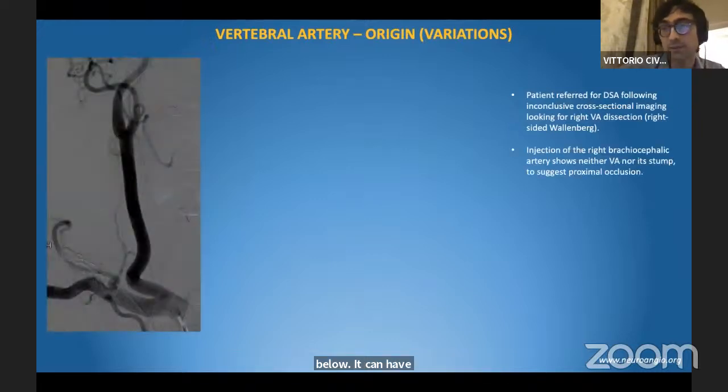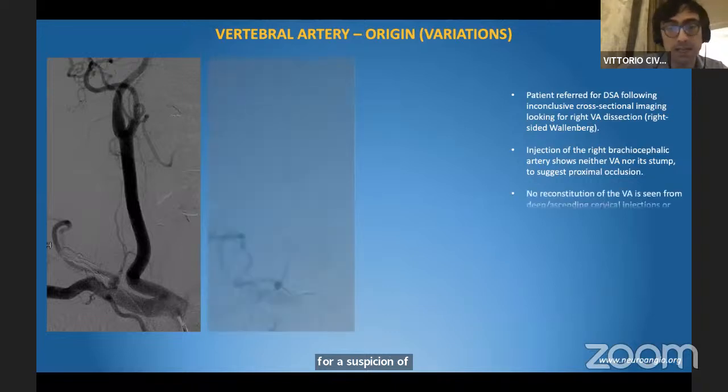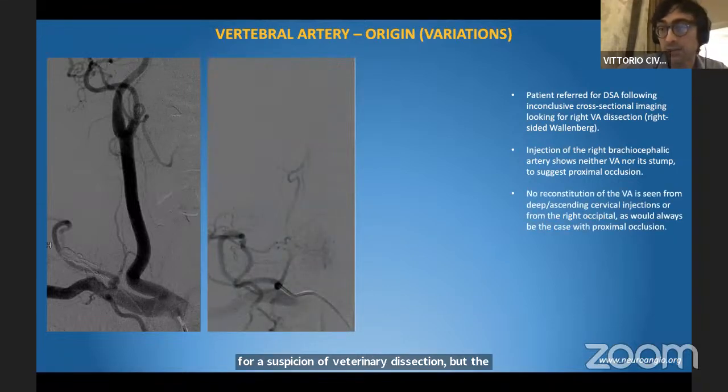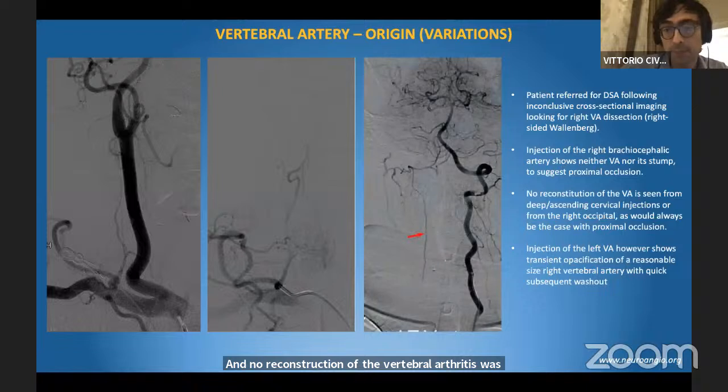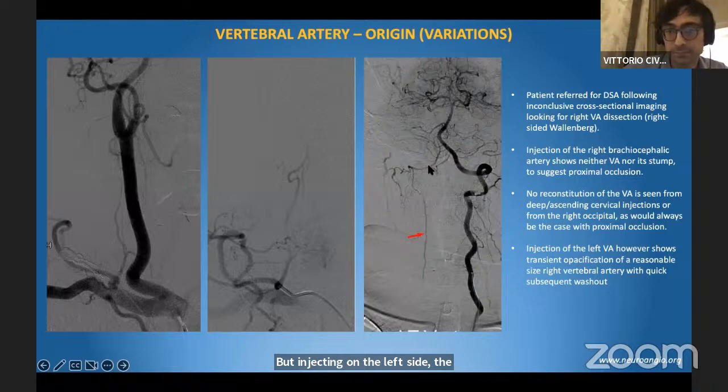There was a patient referred for a suspicion of vertebral artery dissection, but the injection of the brachiocephalic trunk showed no vertebral artery and no reconstruction of the vertebral artery was seen from the deep or the ascending cervical injection. But injecting on the left side, the left vertebral artery allowed to visualize the right one.